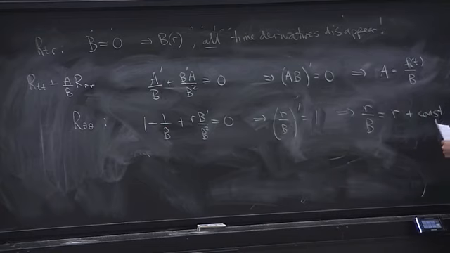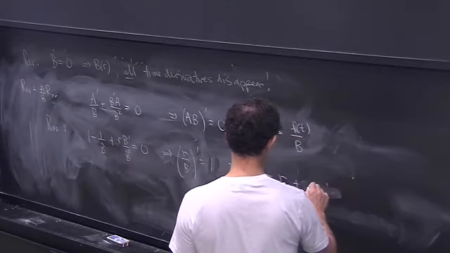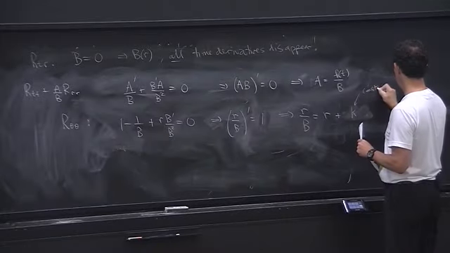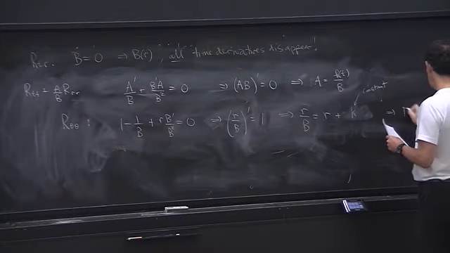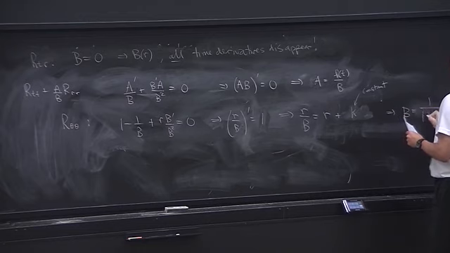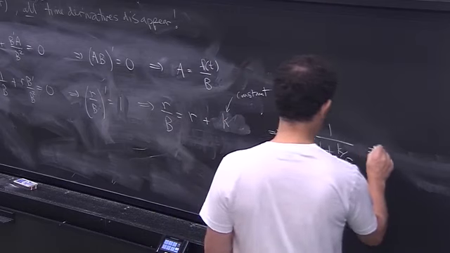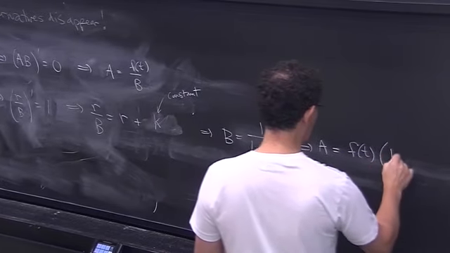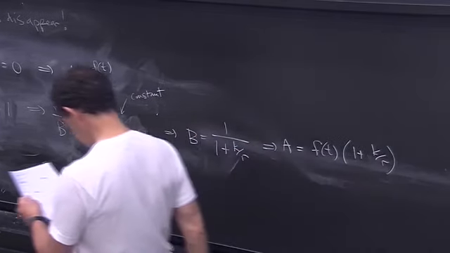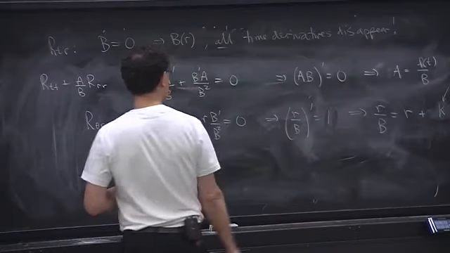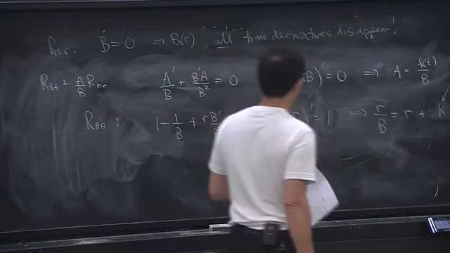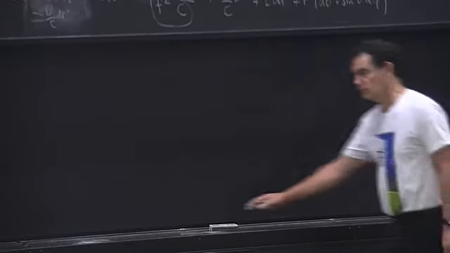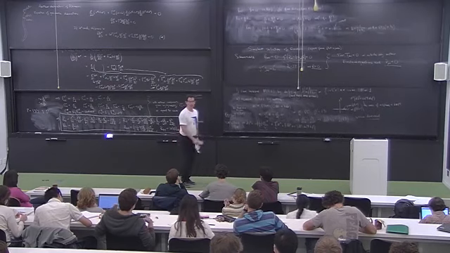And let's call the constant K. And so this implies that B is 1 over 1 plus K over R. And so A is equal to a function of T times 1 plus K over R. But that's rather nice, because we're still free to redefine time.